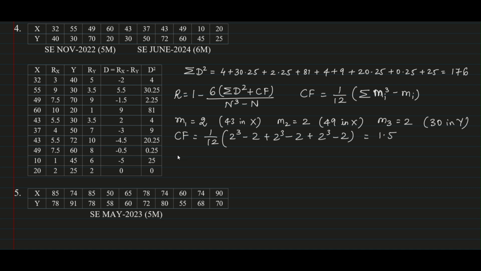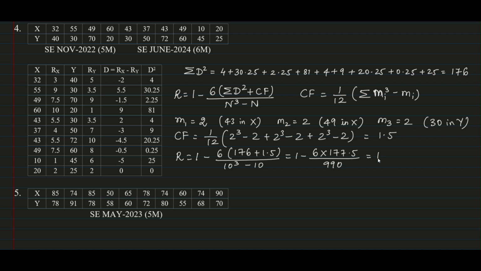So R is 1 minus 6 times 176 plus 1.5, the whole upon n cube minus n, where the value of n is 10, which can be seen in rx, ry. So that is 1 minus 6 times 177.5 upon 10 cube minus 10, that is 1000 minus 10, that is 990.